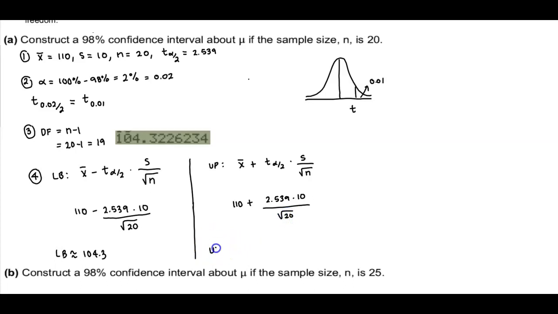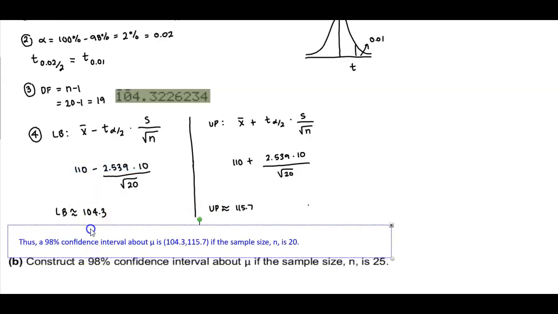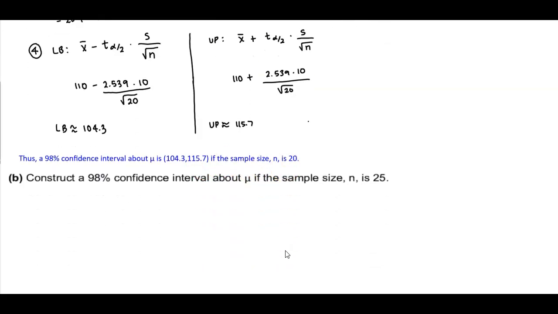Putting that in the calculator, just like we did earlier, we get approximately 115.7. Now that we have the upper and lower bound, let's summarize this. A 98% confidence interval about the mean is between 104.3 and 115.7 if the sample size n is 20.